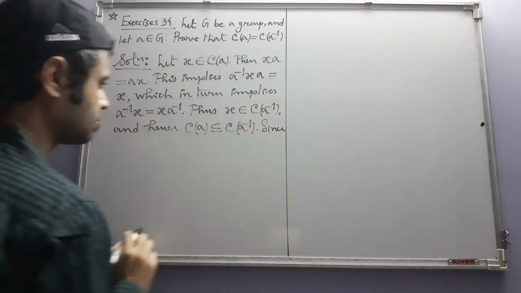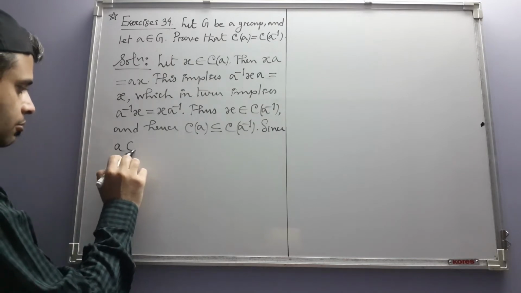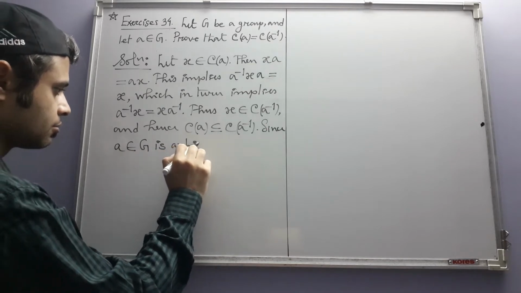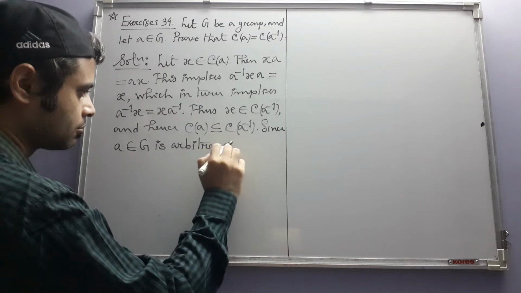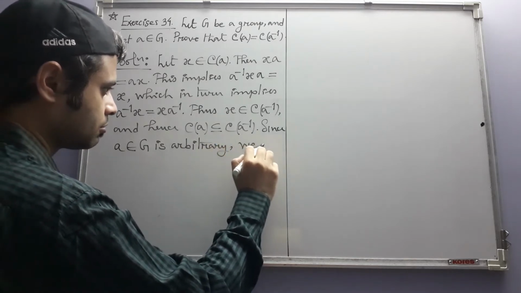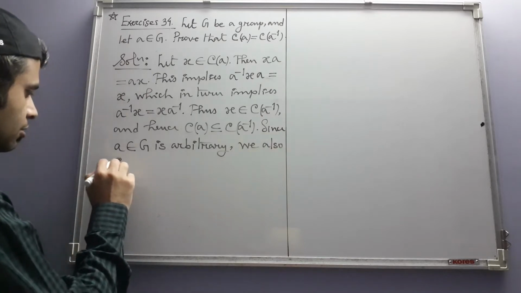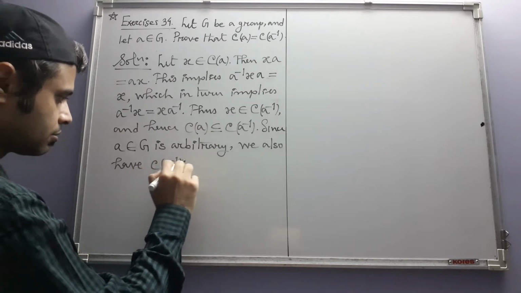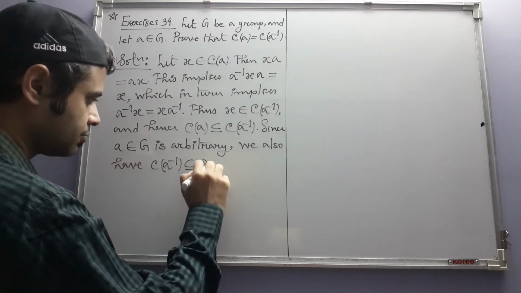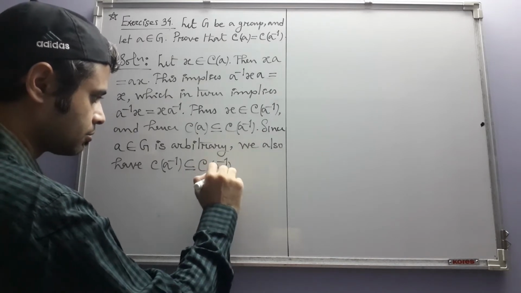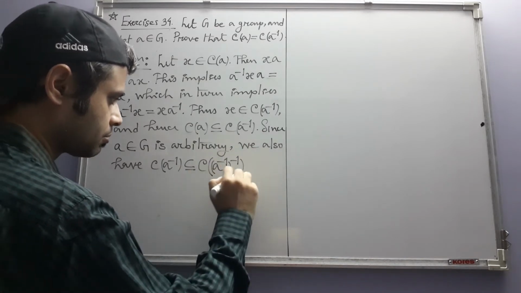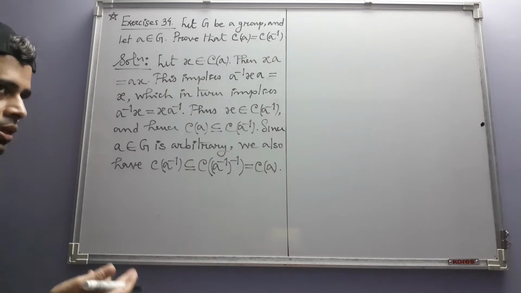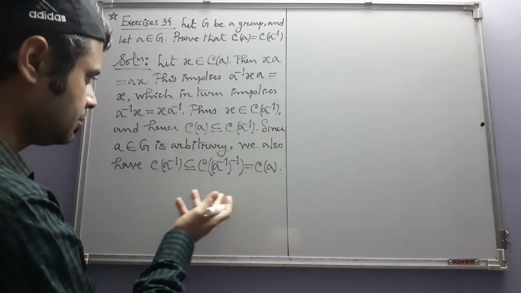Since A belonging to G is arbitrary, we also have CA inverse a subset of this, which is equal to CA, because the inverse of an inverse is the element itself in any group.